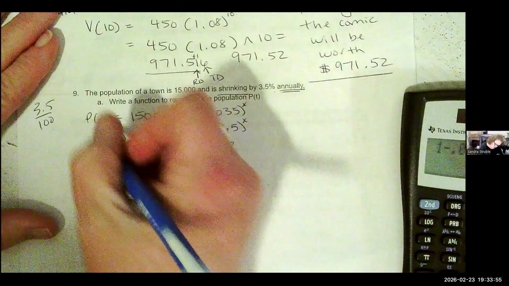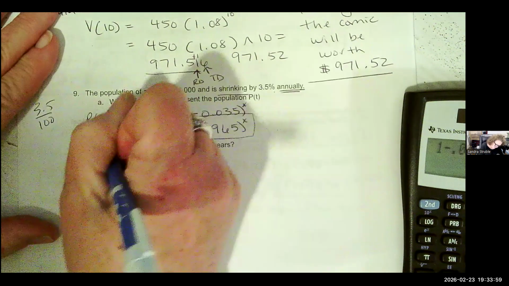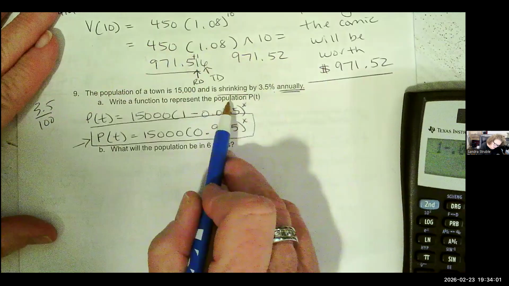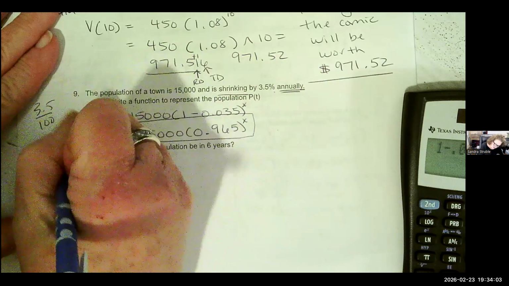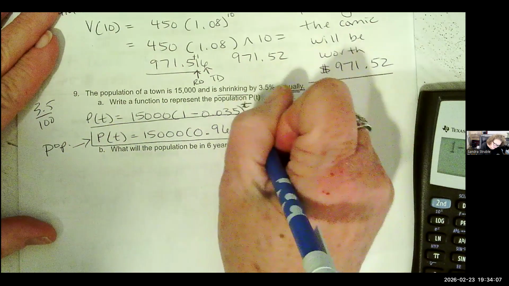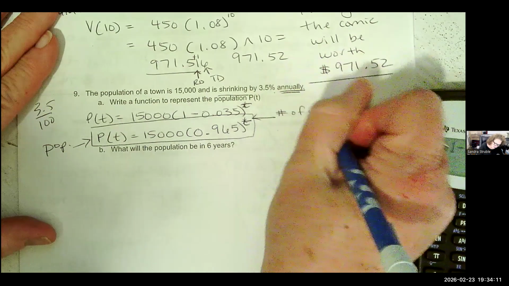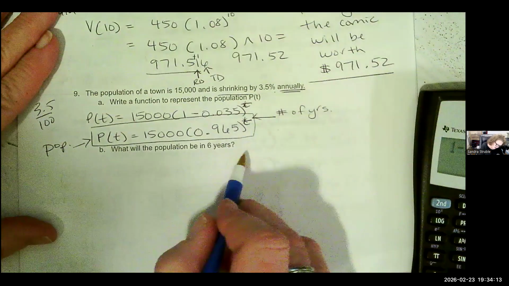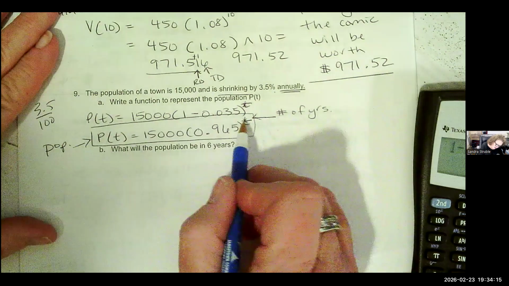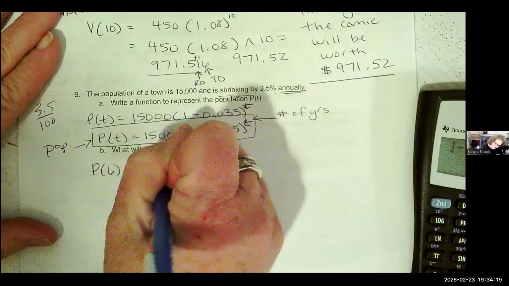Now, with this function, you need to know that the P of t is our population. And actually, this should be a t again. This is the habit. t is the number of years. What will the population be in 6 years? So number of years is t, so P of 6 is 15,000 times 0.965 to the 6.